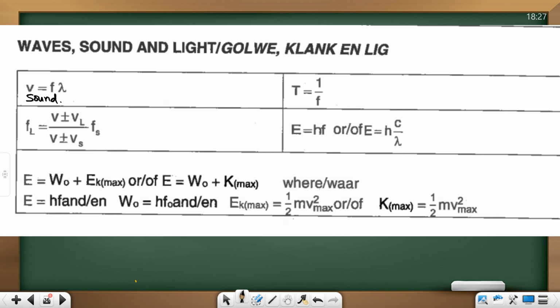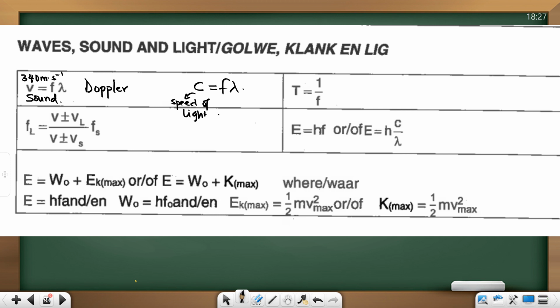C is the speed of what? Yeah, this one is now for Doppler effect, where this one is 340 meters per second. But then we also know that C equals to F lambda. This one is also what? Speed. But it is speed of what? Light.